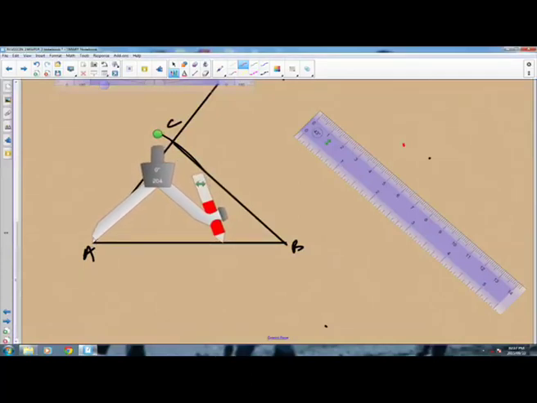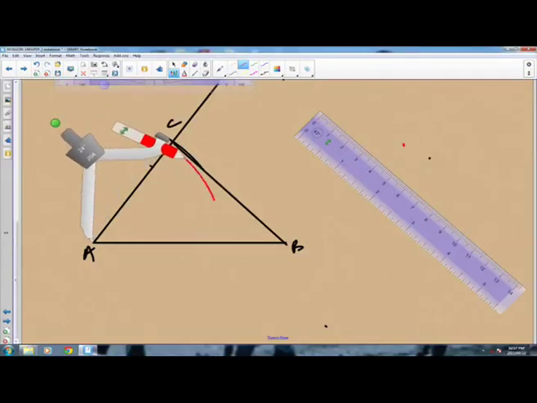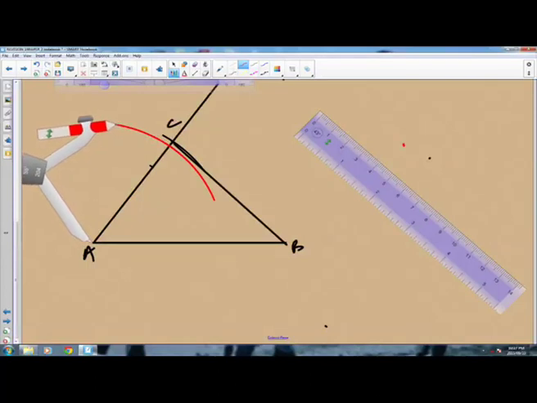So this is where our compass is. And then you make an arc at the top of line AB as well as at the bottom of line AB. So all that we'll do is to make an arc at the top of line AB. So this is the arc that we expected to draw.